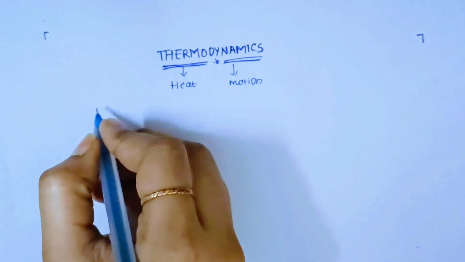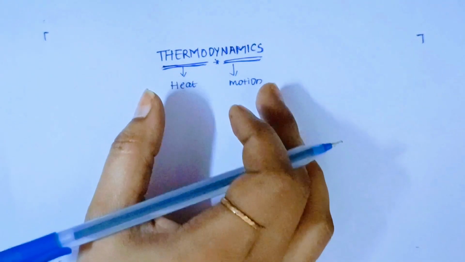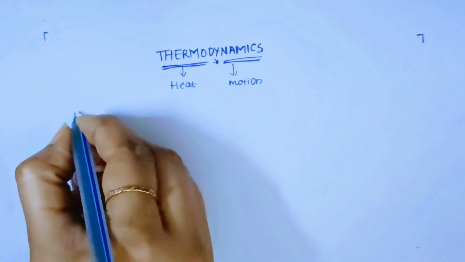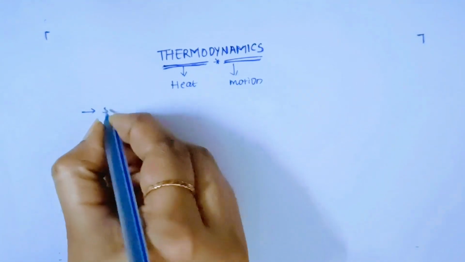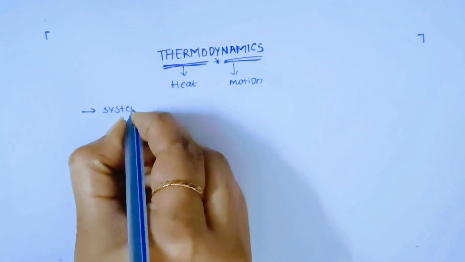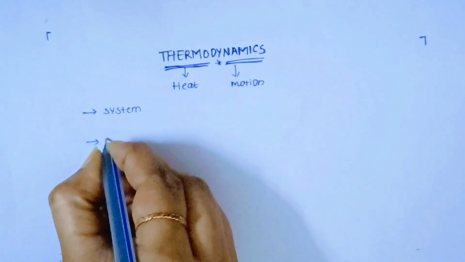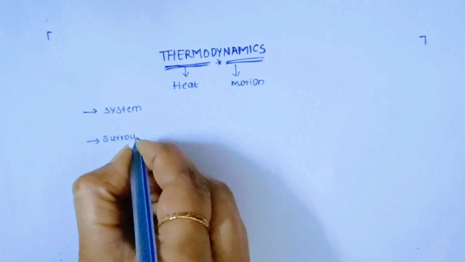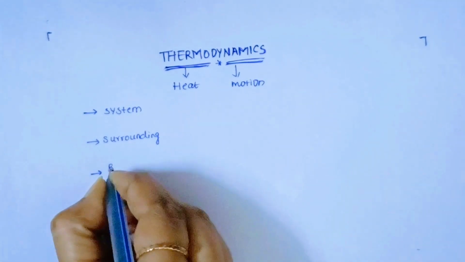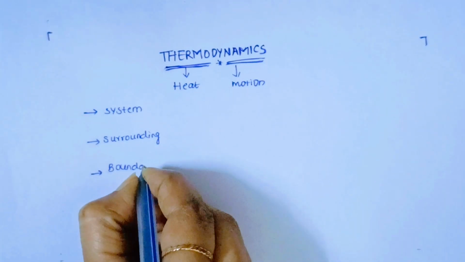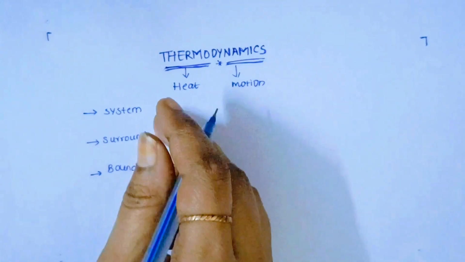In thermodynamics, we will mostly hear some of the terms, which are system and surrounding. The third one is boundary. We will see what these three are.